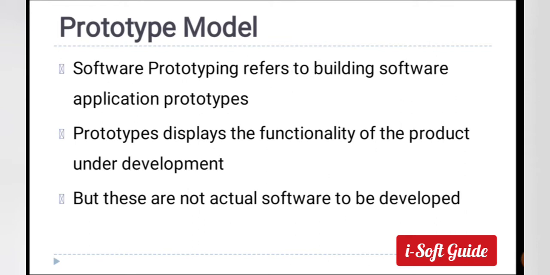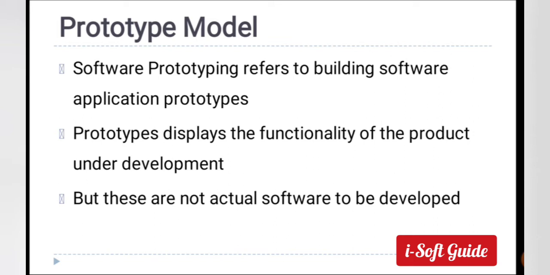So what is software prototyping then? It is the process of developing or building software application prototypes. Prototypes display the functionality of the product. Many functionalities can be there. If we are developing a complete software, then the software under development can be replicated in small sets, that are prototypes.